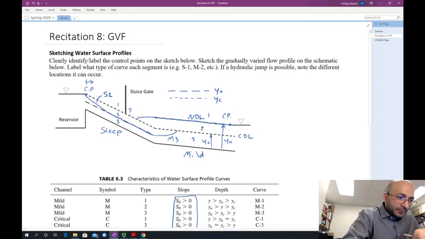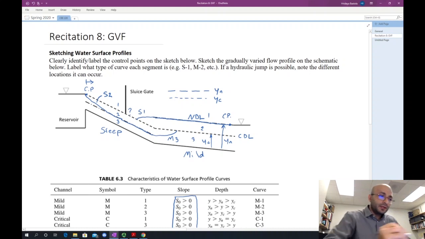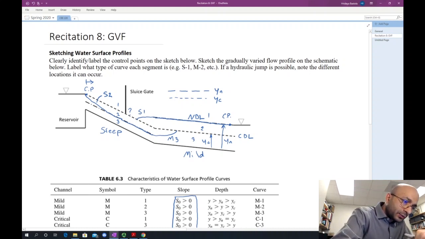This one is in the steep portion and falls in region 1, so that is our S1 curve. So these are two possible locations where a hydraulic jump can occur.